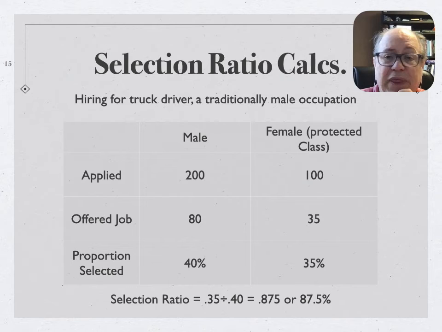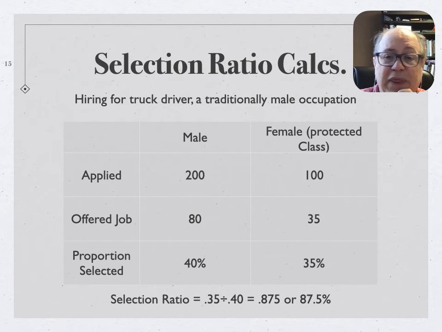Notice that there was not a requirement to offer 80 females the job, because that would be 80% of the females, and that has an inherent irrationality. If only 100 females were interested, then you can't expect the number of offers to be as high as it is for men.